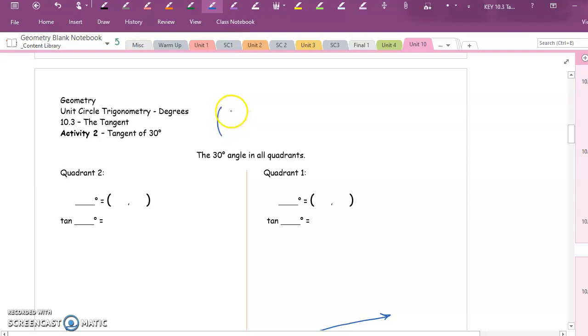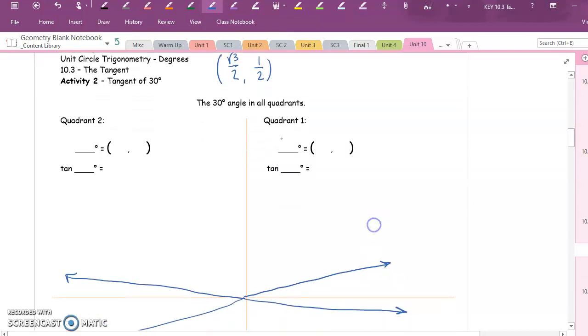So we have root 3 over 2, comma 1 over 2. So in quadrant 1, 30 degrees, everything's positive. So we have root 3 over 2, comma 1 over 2. Goes cosine, comma sine. If we're finding tangent of 30 degrees, we're going to put our sine divided by your cosine.